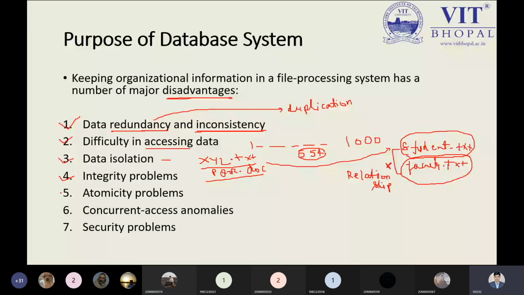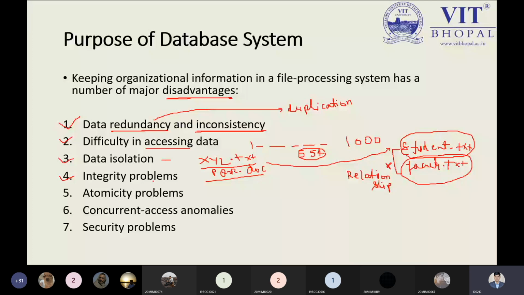For the integrity problem, the synonym of integrity is combination, that is, to combine. If I need to combine the faculty details inside the student's record, then I can. But I need to keep some faculty details along with the students, so the size of the student database will increase because I'm putting the student details along with the faculty name.